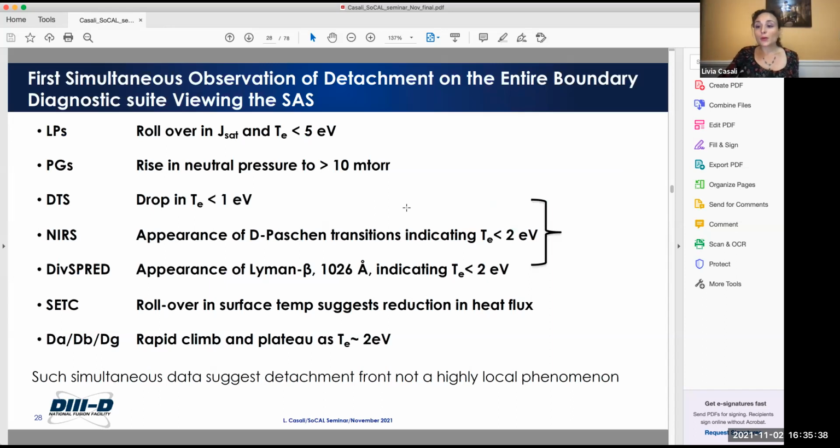So this experiment really was the first simultaneous observation of detachment on the entire boundary diagnostic set, viewing the SAS, and I put a list here. But this really indicated that the simultaneous data was suggesting that detachment was not a highly local phenomenon, but we were actually able to see it through the entire slot.